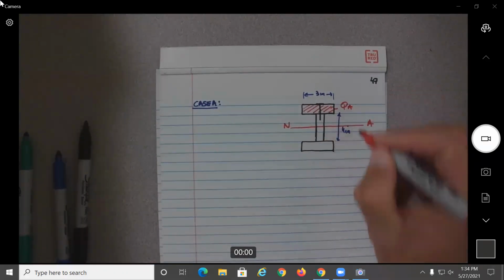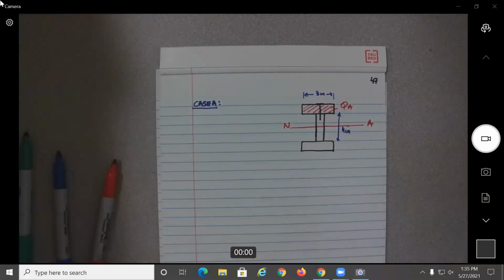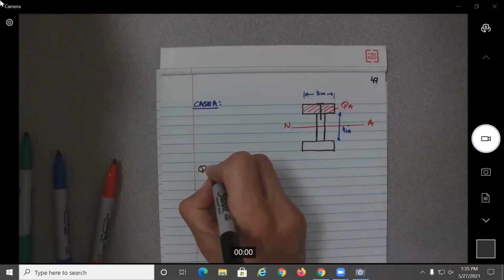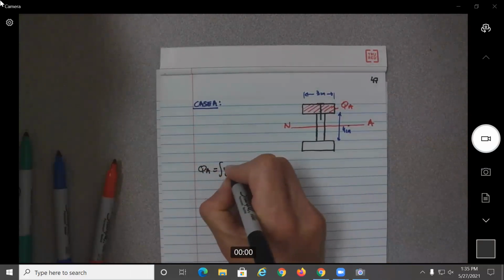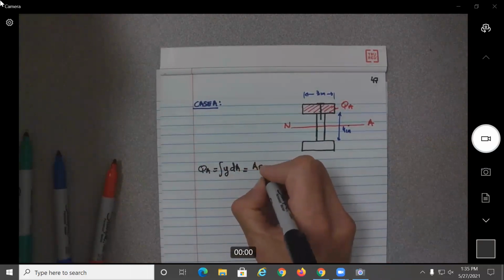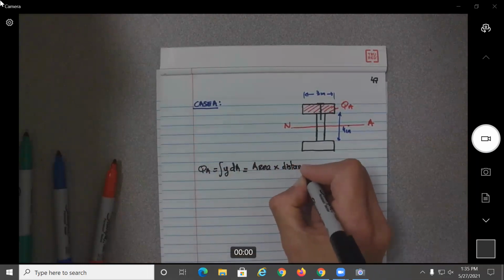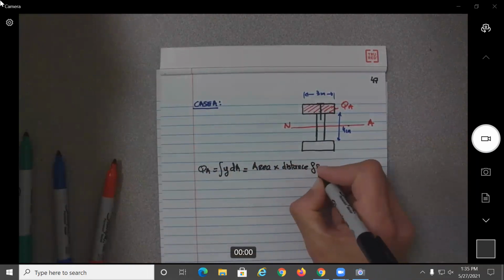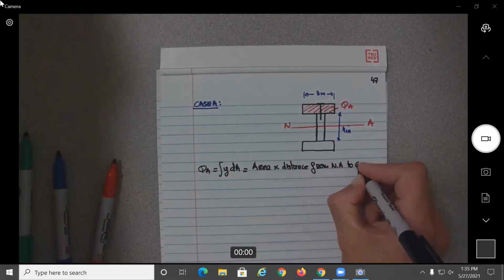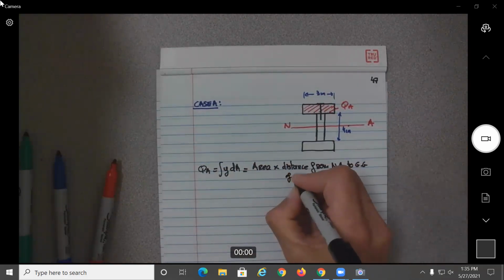Let's say it will be Q sub A. Okay, so if you remember, what did we say? Q sub A will be equal to the integral of y dA, which is approximated by the area times the distance from the neutral axis to the CG of the area.